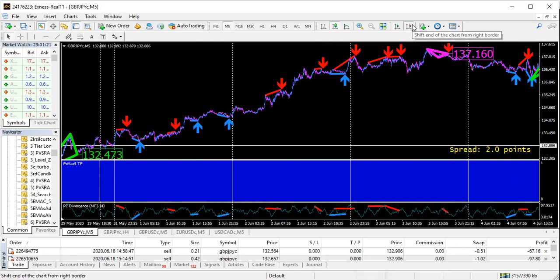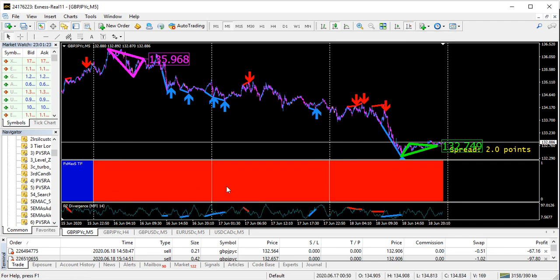So when you have the trend here, you need this triangle to confirm the trend. When the triangle is showing this magenta color, it means it's a sell trend. So you have a sell trend here confirmed by the triangle for a sell.